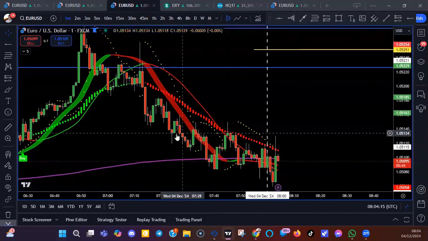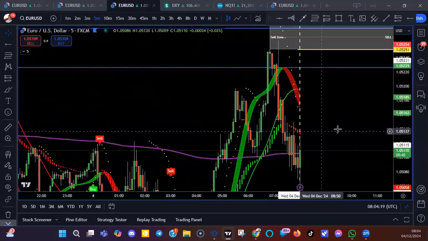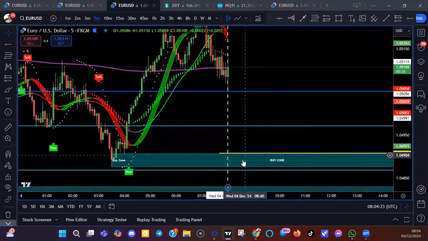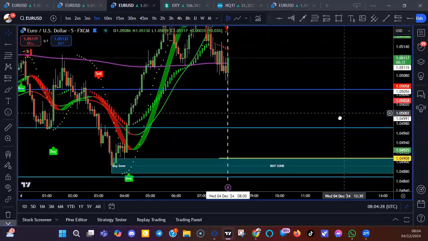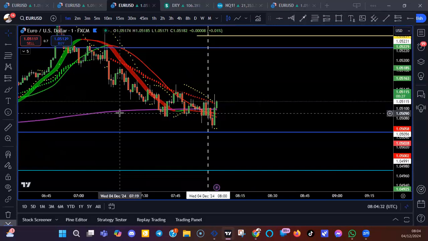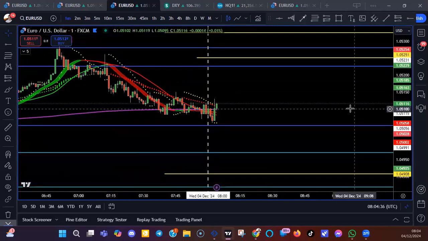So again, we're waiting for price to get into these zones. Down here, we've got the big buy zone. But price is hovering around the purple line now, so we haven't got any bias one way or the other.